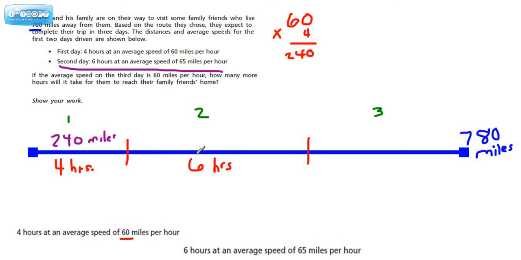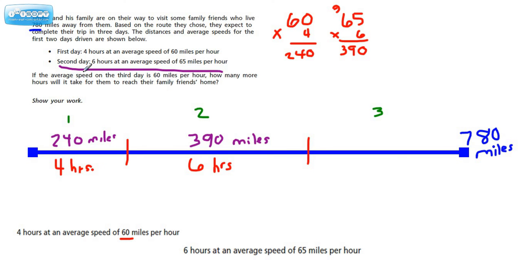And let's figure out how far they got in the 6 hours by multiplying this number times this number. 65 times 6. So here we get the 30. 36 and a 3 more is 39. So that's 390 miles.